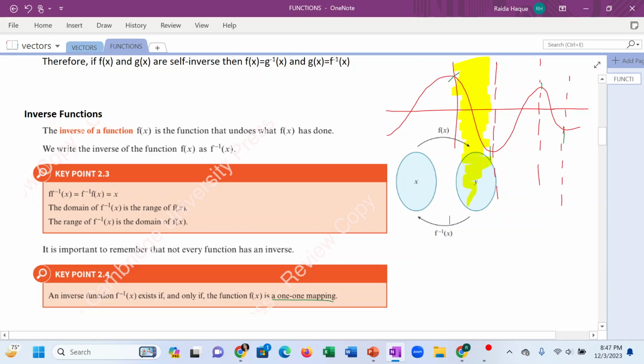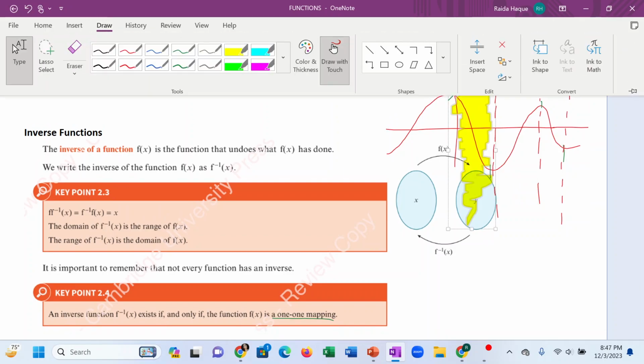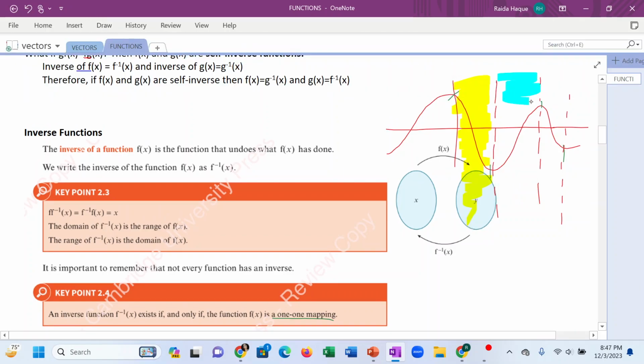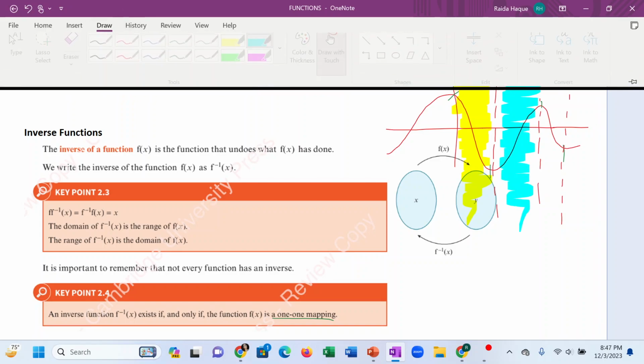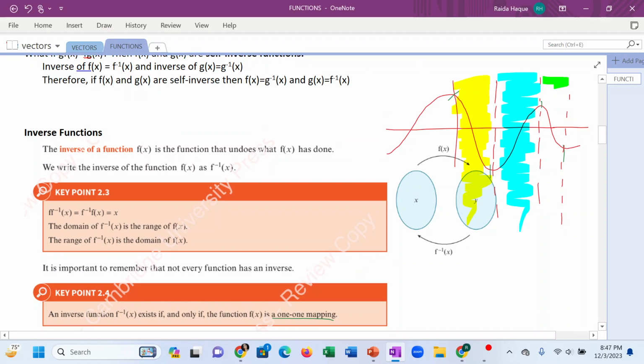So any domain that is contained within any of these regions is a one-to-one function, and it will have an inverse, right? So as you can see over here, the region between two turning points, I'm marking it. These are the points which will give a one-to-one function.